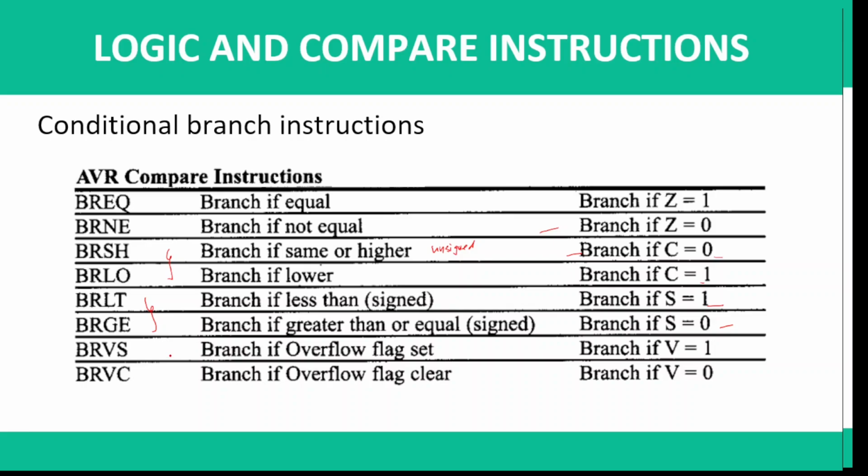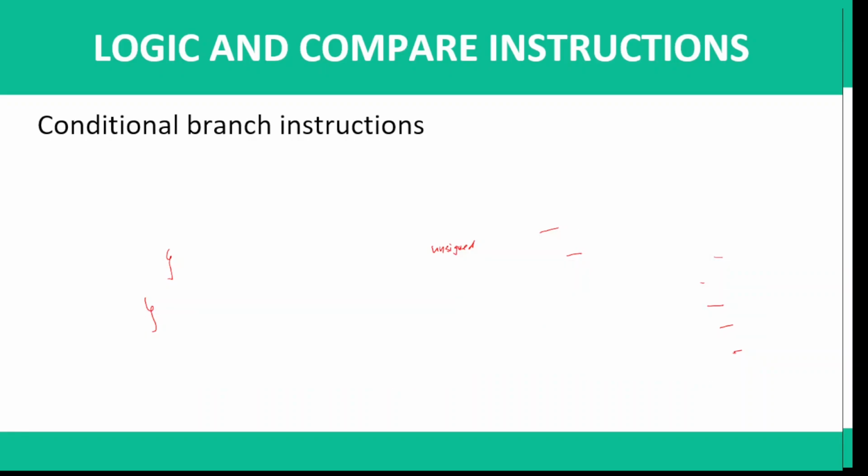And we also have conditional branches for overflow: BRVS, branch if the overflow flag is set, meaning V is equal to 1, and BRVC, branch if the overflow flag is clear, meaning V is equal to 0.